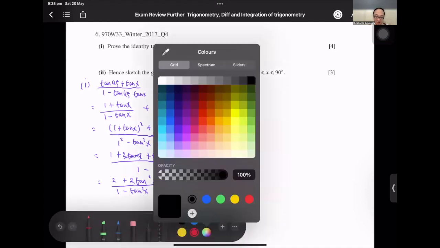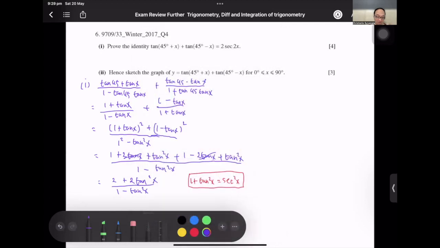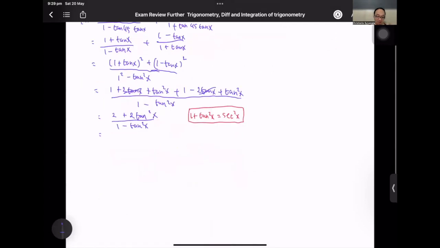So we can have 2, 1 plus tangent square x, yeah, we factorize the numerator. And we still have this. So it will become 2 secant square x, yeah, using the identity.